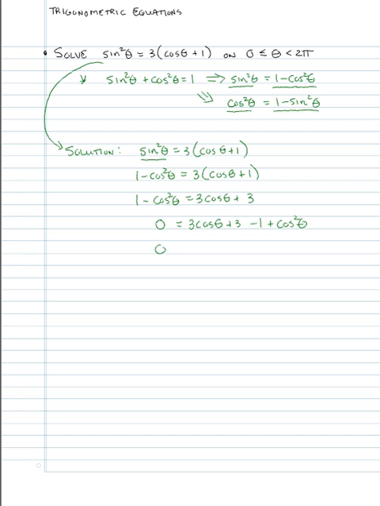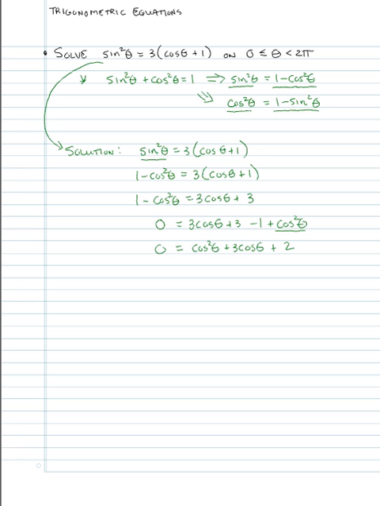And then it's a matter of rearranging. I'm going to put the cosine squared theta in the beginning, and then the plus 3 cosine theta, and of course I have a 3 minus 1, which is a 2, so I have a plus 2 in this position.